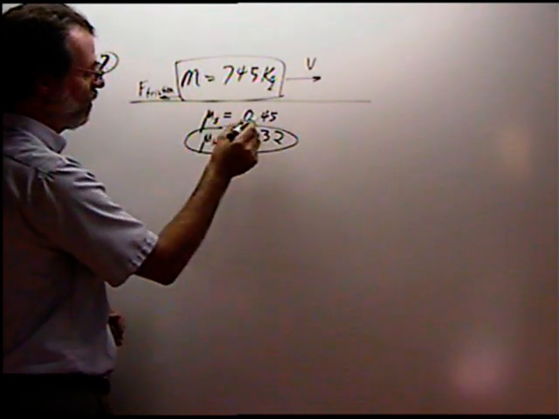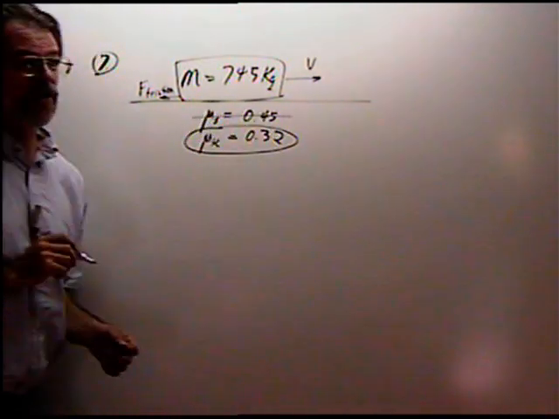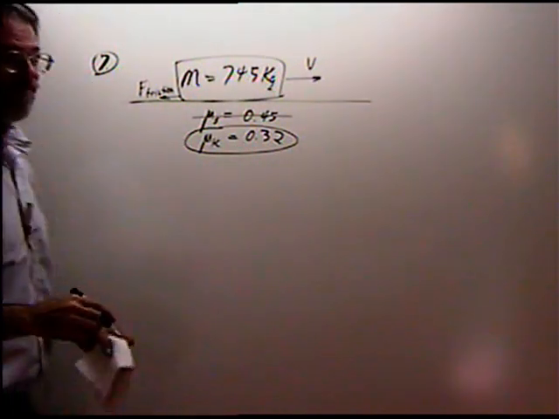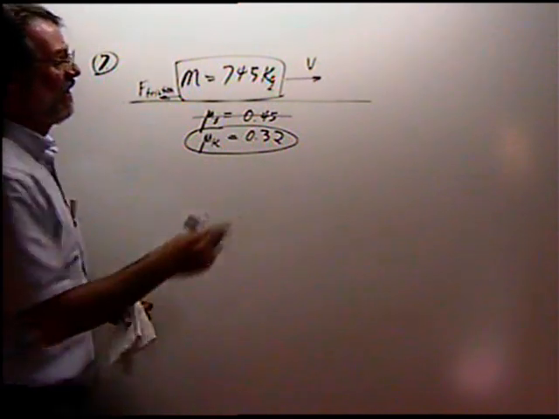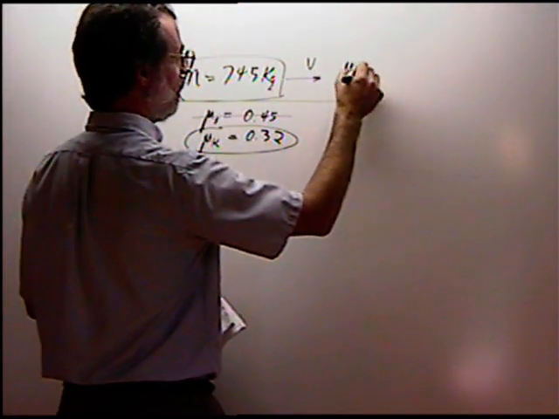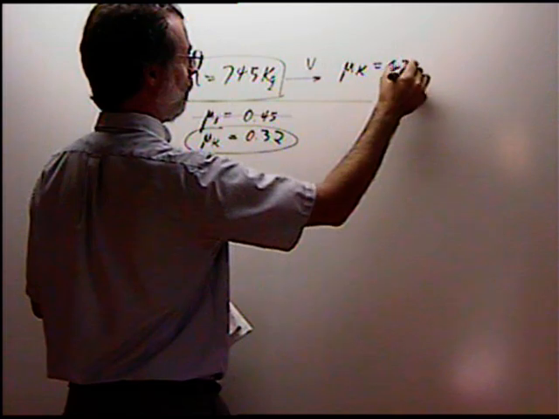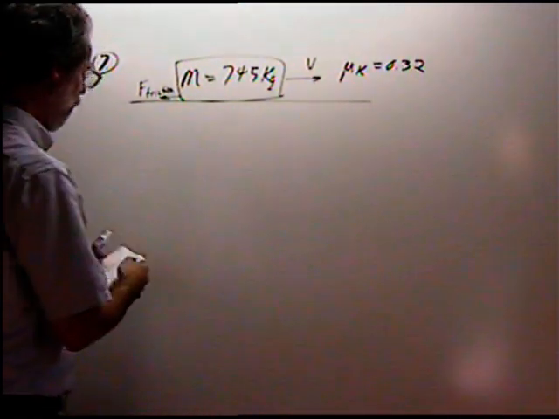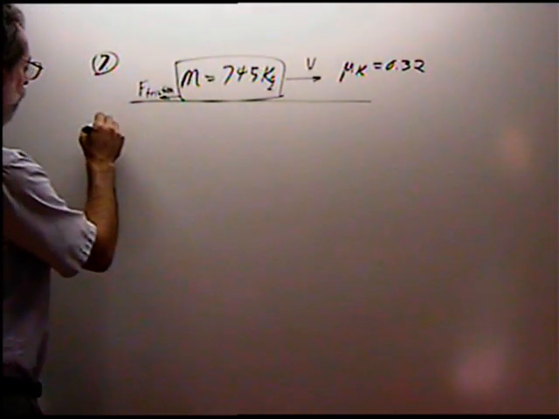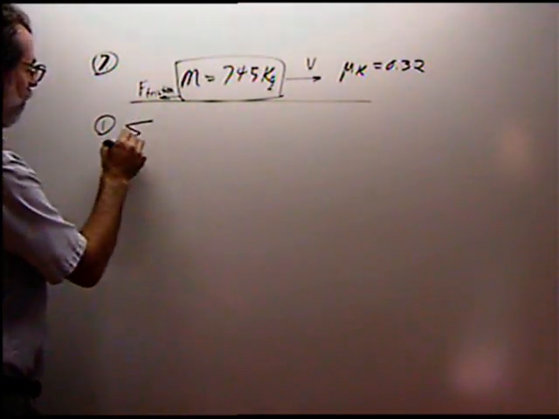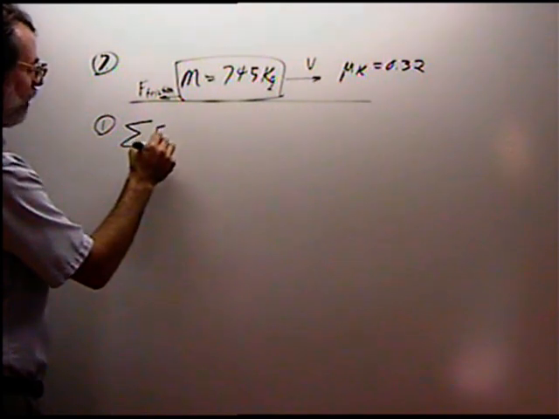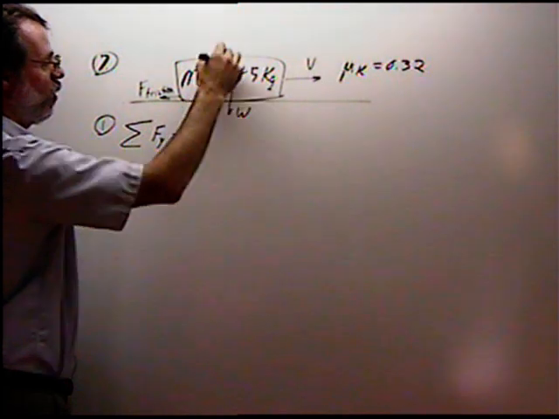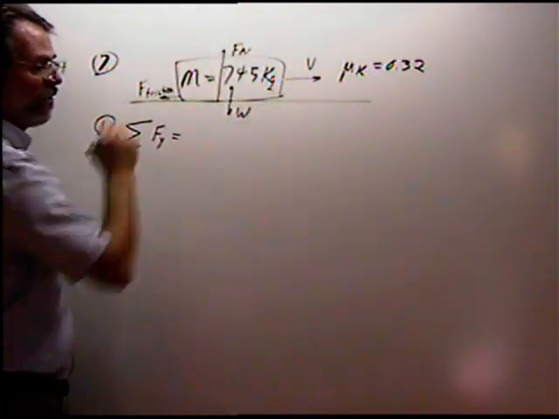So even though they give you the static coefficient, we don't really use it. They just gave it to you to make you think. So we're going to be using the kinetic coefficient of friction of 0.32, which I'll place over here. Okay, so how do we calculate friction? It's a two-step process. First, again, we look at the sum of the forces in the y direction. We have the weight acting down and the normal force acting up.